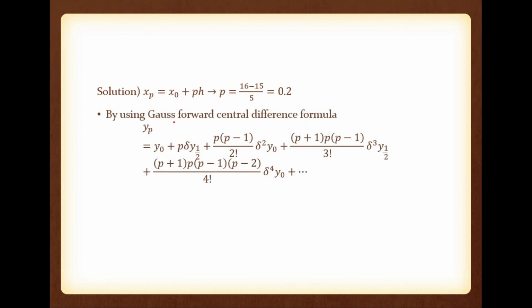Now by using the Gauss forward central difference formula, yp is equal to y0 plus p into delta y1/2 plus p into p minus 1 divided by 2 factorial into delta square y0 plus p plus 1 into p into p minus 1 divided by 3 factorial into delta cube y1/2 plus p plus 1 into p into p minus 1 into p minus 2 divided by 4 factorial into delta raised to 4 y0 plus etc.